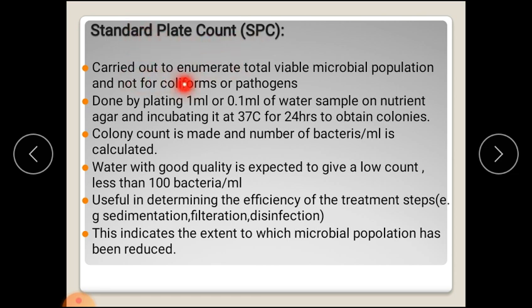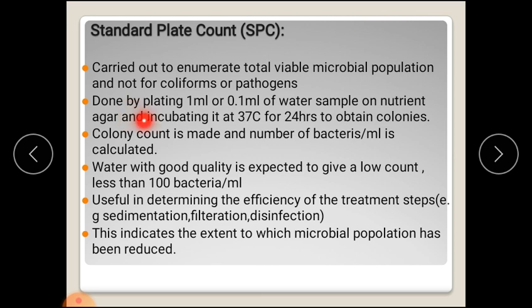This method is carried out to enumerate the total viable microbial population and not for the coliforms or the pathogen. Means in this method we cannot differentiate between different microorganisms. We only find the total viable microbial population in the sample.